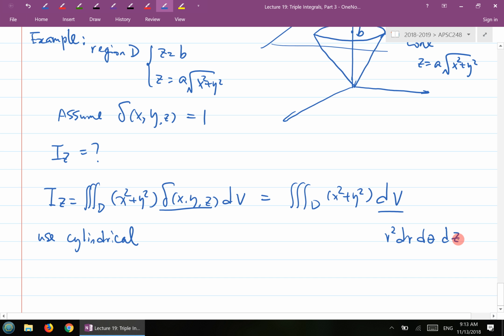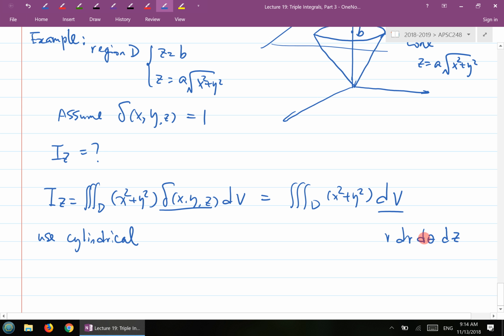So dV is r dr d theta dz, not r squared, just r.